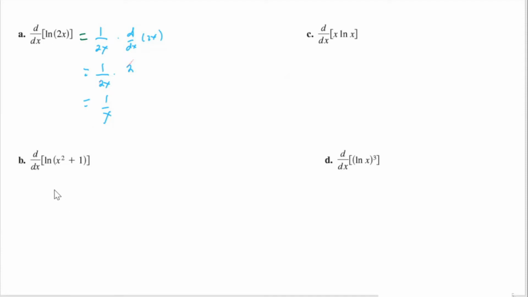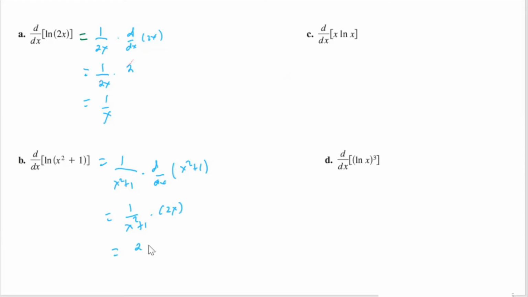And for letter B, we have the derivative of ln of x squared plus 1. This can be written as 1 over x squared plus 1 times the derivative of x squared plus 1, which is 2x.